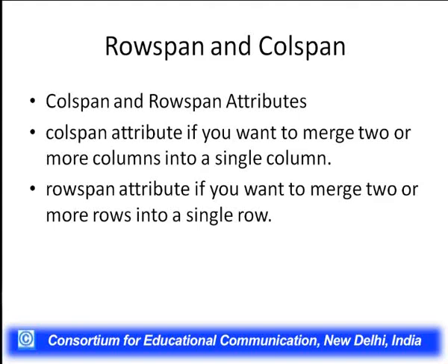So, you can see colspan is used to merge two or more columns into a single column, and rowspan is used to merge two or more rows into a single row. Now, we will see an example of how rowspan and colspan are used. You can see here that in the TD we have written colspan equal to 3.